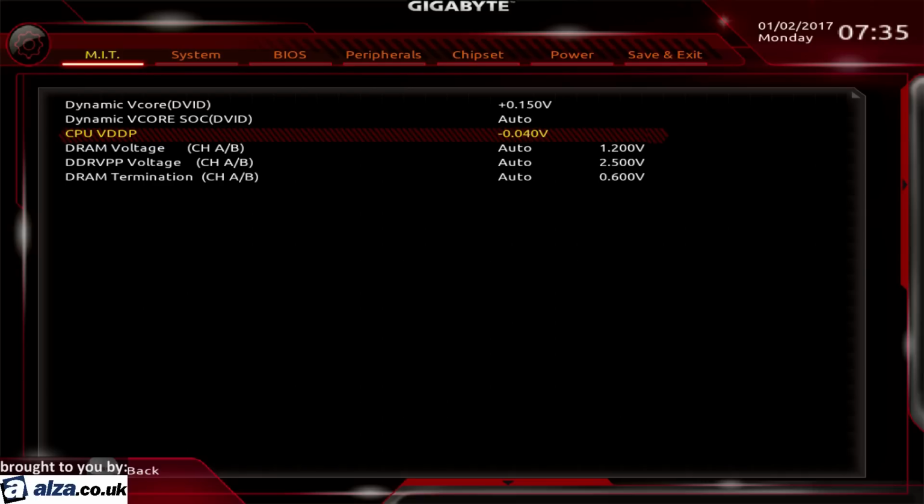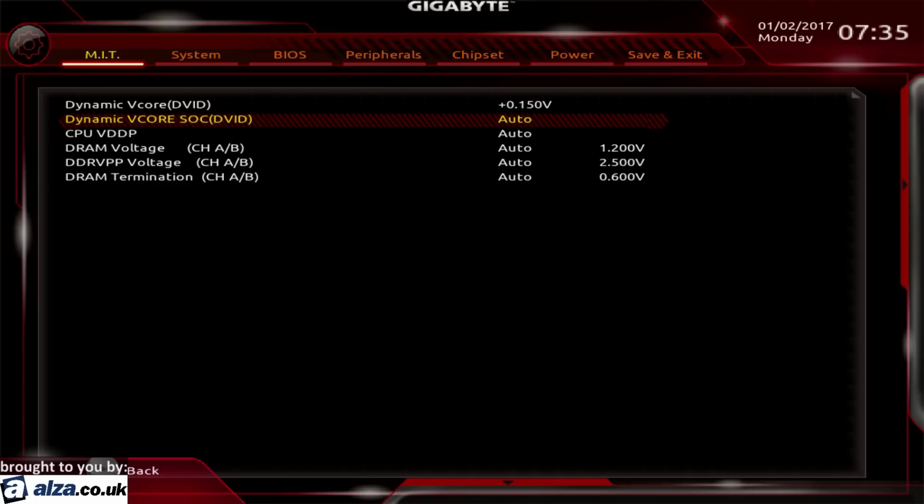Honestly, I would recommend that you just leave it alone. Maybe bump it up by plus 20 millivolts, but generally speaking it shouldn't actually help your stability at all. Your V-core SoC is an offset voltage, which is why we're going to get back to that in terms of actually setting the voltage there.